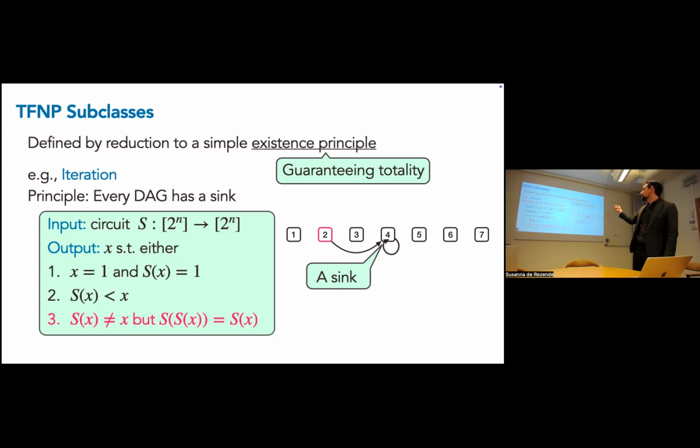So we want 1 to point somewhere, since the root should point to something, and we're trying to find a sink. So since it's a DAG, you should always point forward. That's the second solution, a violation to that, you could output. And then finally is a sink. So sink is defined as a vertex that points to another vertex that self-loops. Okay. Yeah.